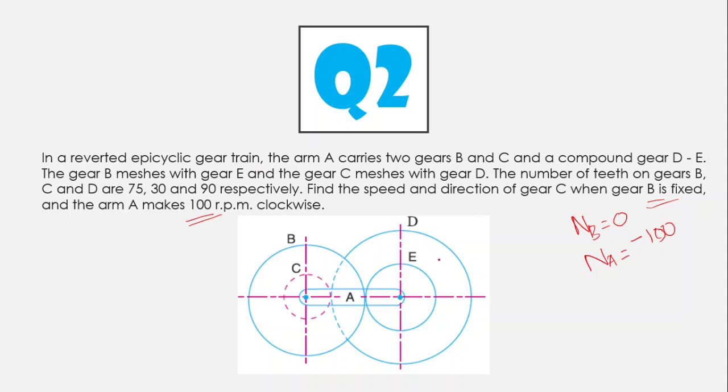That type of gear arrangement is known as a compound gear. That means the number of revolutions of gear E must be equal to the number of revolutions of gear D, because both are mounted on the same shaft. Or the speed of E must be equal to the speed of D. That is the condition.